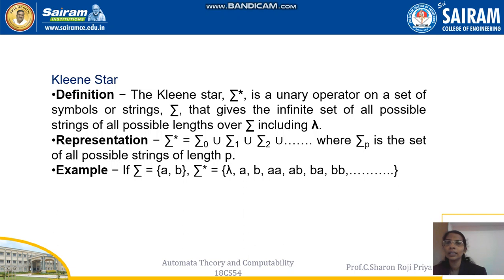Then what is Kleene star? If I want to repeat a string, I can go for Kleene star. Sigma star is a unary operator on a set of symbols or strings that gives an infinite set of all possible strings.